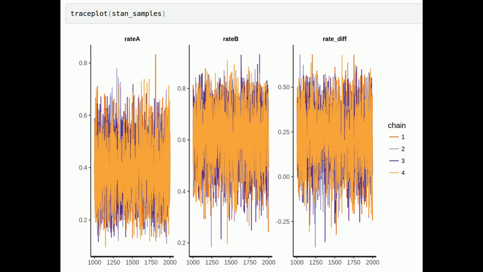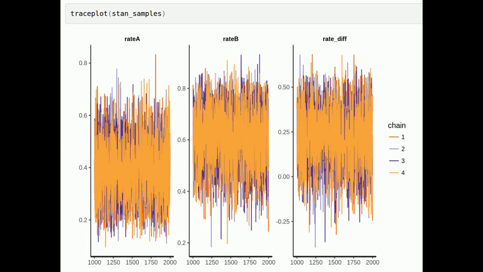Why is this, and why would we want to look at such a plot? Well, Stan uses a Markov chain Monte Carlo algorithm, which, if you remember, walks around the parameter space with the promise that in the long run, it will visit each parameter combination proportionally often to its posterior probability. That is, how probable that parameter combination is after having used the data.